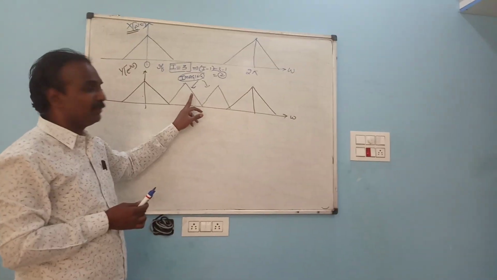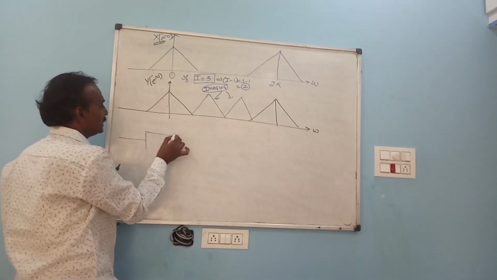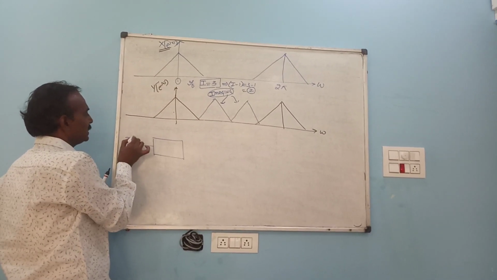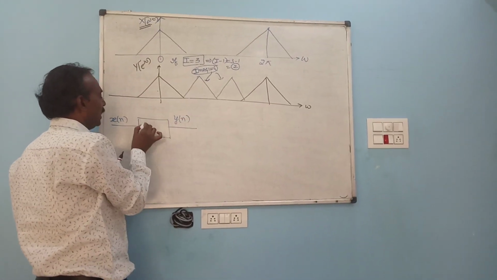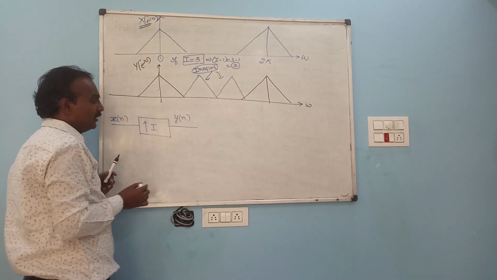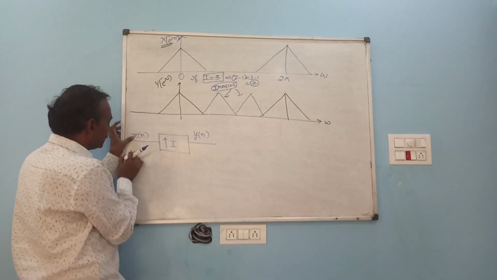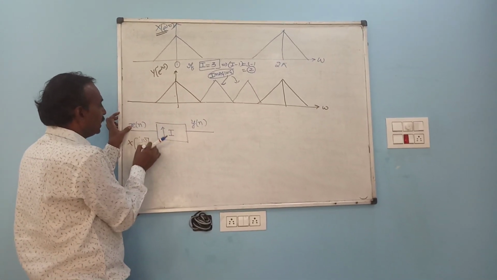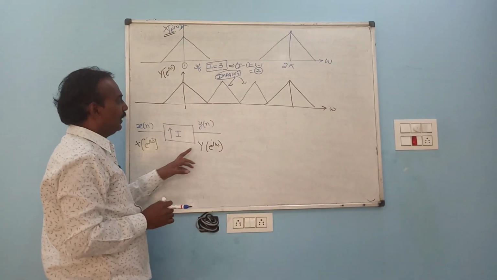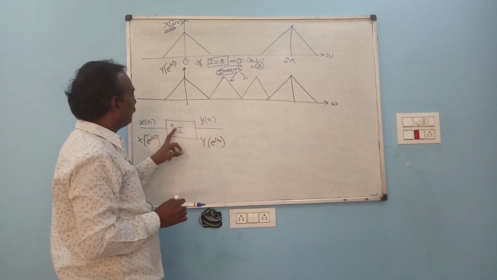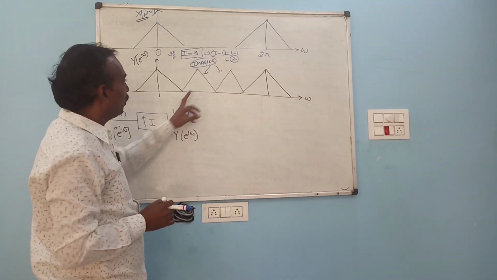To avoid this imaging, look at this: this is the discrete-time signal x of n, and this is the output of the discrete-time signal after upsampling by a factor I. This spectrum is x of e power j omega, and this spectrum is y of e power j omega. After upsampling, the spectrum has additional images, and we don't want them.